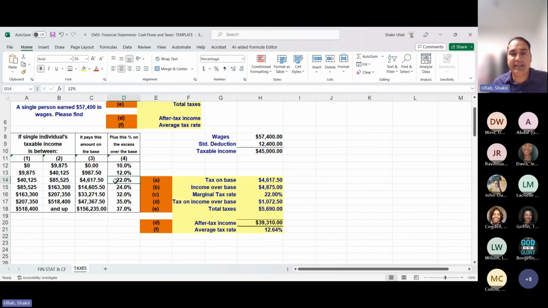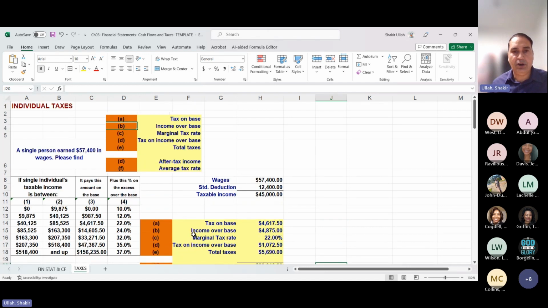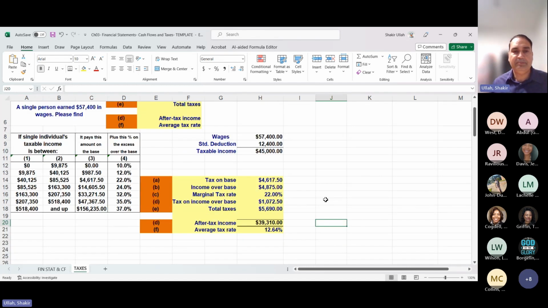But that 22% means he is paying 22% on any amount above 40,125. So that concludes the taxes topic. I have oversimplified it for you here, but just wanted to give you a broader, big picture.